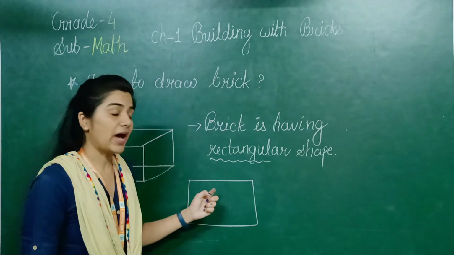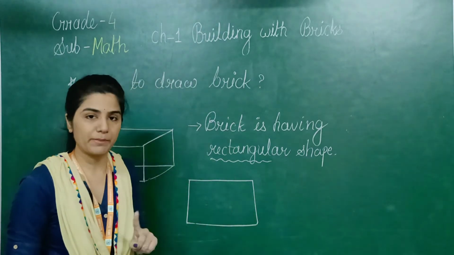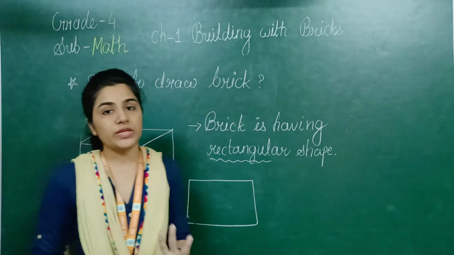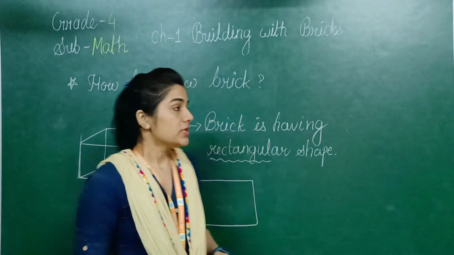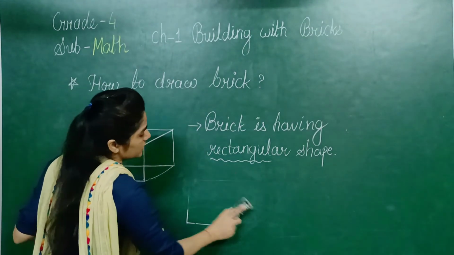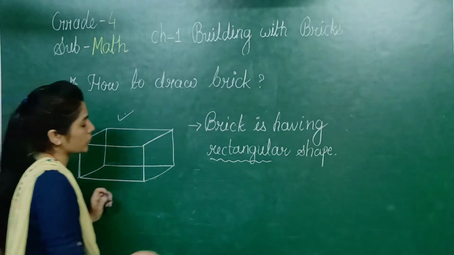This I have drawn in two dimensions, and this shape I have drawn in 3 dimensions, right? So a brick has this perfect 3-dimensional shape, and this is also called a cuboid.